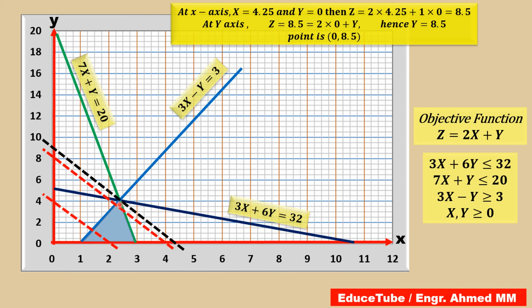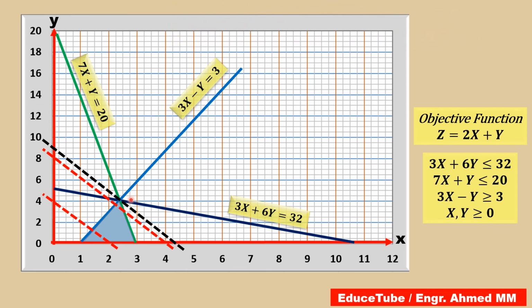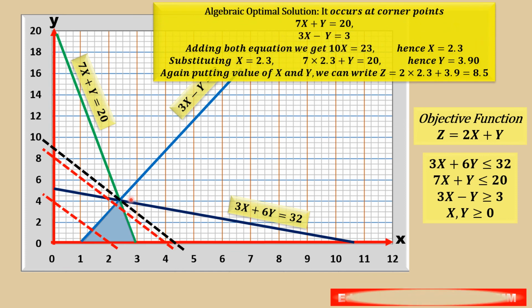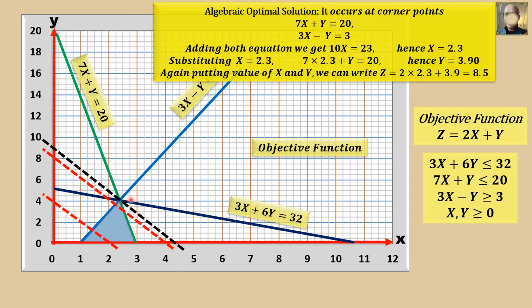So already we got this extreme end, we got this objective function. Now we want to find the algebraic optimum solution.